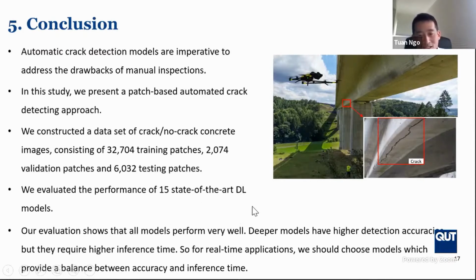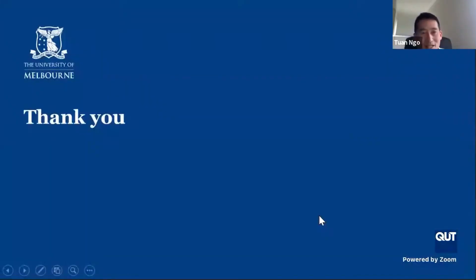Hopefully in the future the running time can be further improved. And of course, if we have more data to validate the models, I think that would improve the accuracy even further. With that, I just want to stop my presentation here, and if you have any comments or questions, we'll be happy to answer. Thank you.